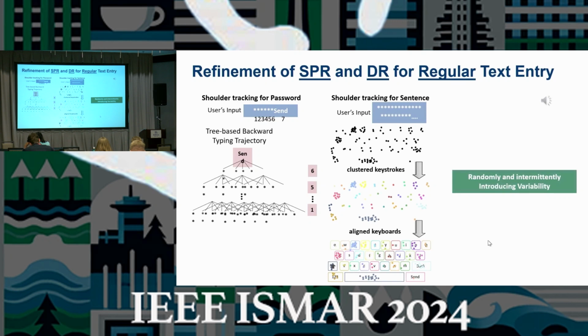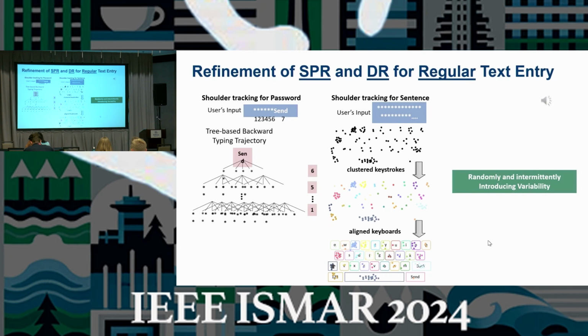Ciphering text is done through the motion data, but the process of recovering text is different between password and regular text due to the length. Specifically, password prediction utilizes a tree-based backward inference algorithm, as participants consistently conclude their input by pressing the send key. For long sentences, the keystrokes are first clustered.